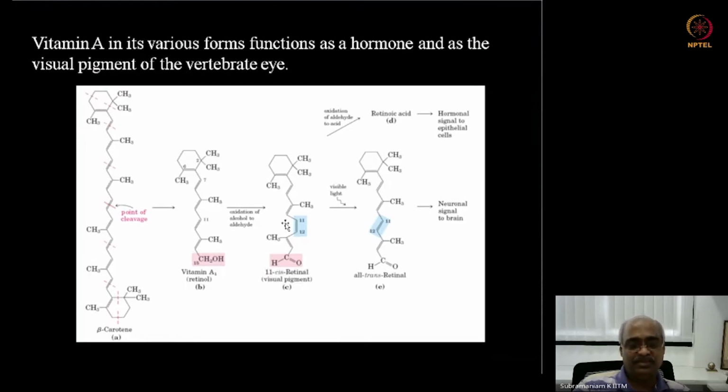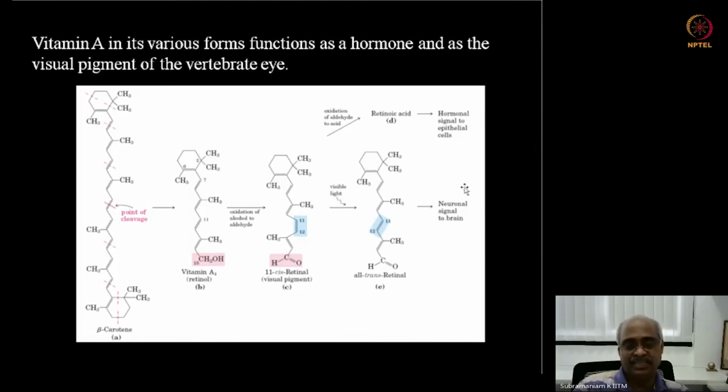This one, under the influence of visible light, flips into the trans retinal conformation, and this cis retinal to trans retinal conversion upon shining light is how our eye senses light.